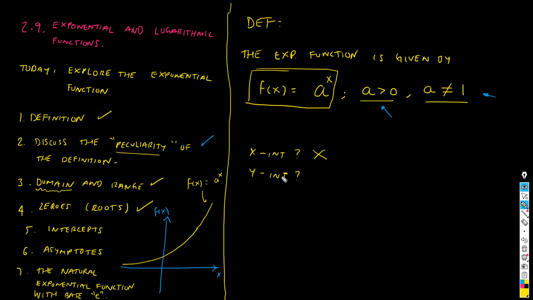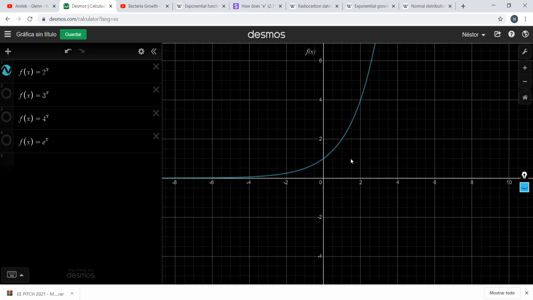Now, what about the y-intercept? Is there any y-intercept? One more time, look at the graph. Yes, we have a y-intercept, which is this. It's the point (0, 1). So the y-intercept is (0, 1).